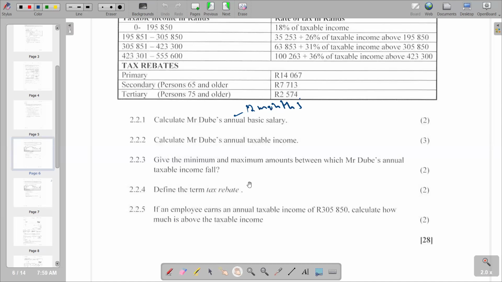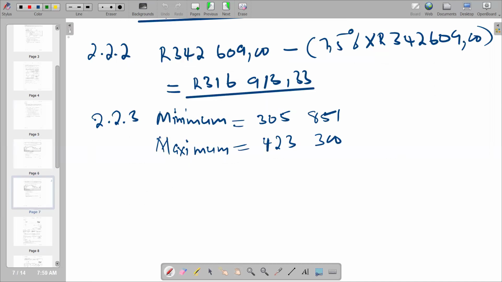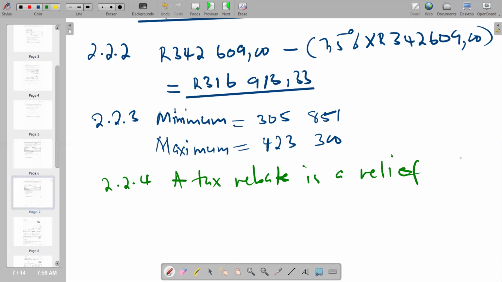Basically, a tax rebate is a relief given to taxpayers. That's the definition of a tax rebate. Relief given to taxpayers. So we can present it as such. Whereby we say a tax rebate. So basically, that's what we have in terms of a tax rebate.